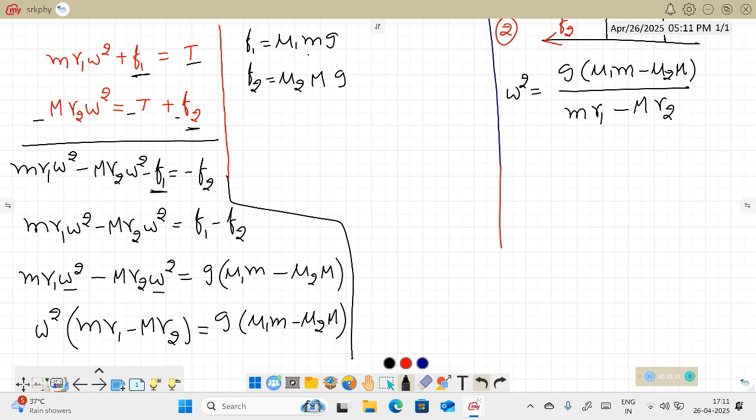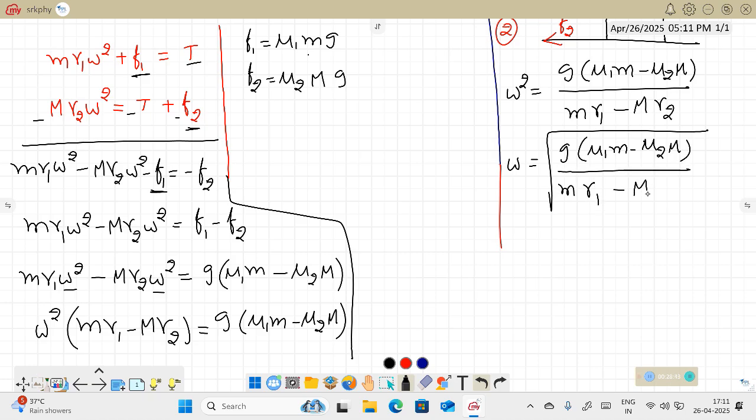So to get the omega value, omega is equal to the square root of g into mu1 m minus mu2 capital M by m r1 minus capital M r2. This is the way you have to solve for angular velocity if the question is given in this way.